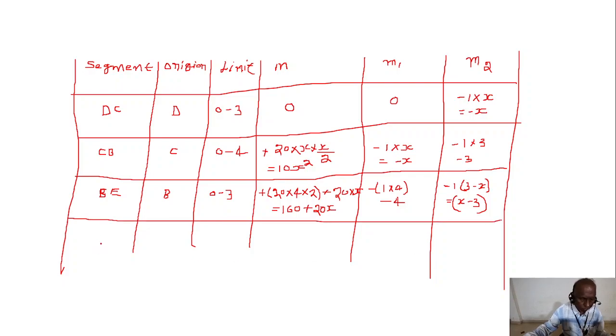Next segment EA. Origin is E, so limit 0 to 2.